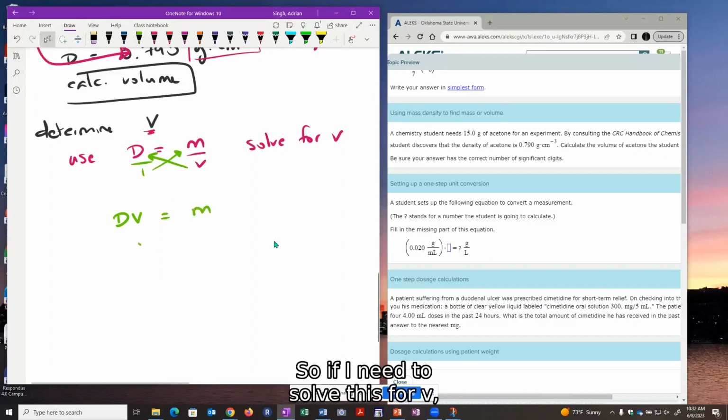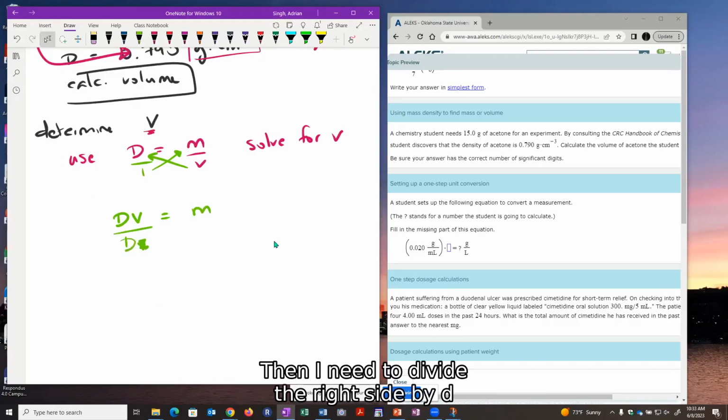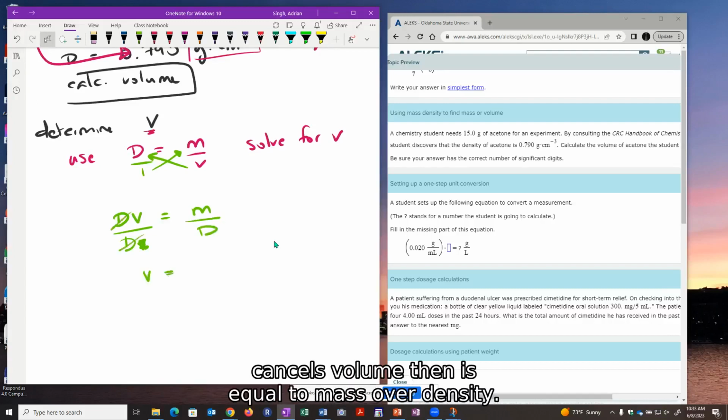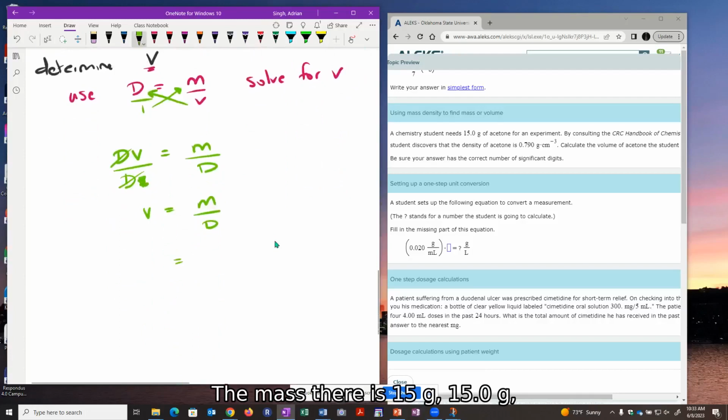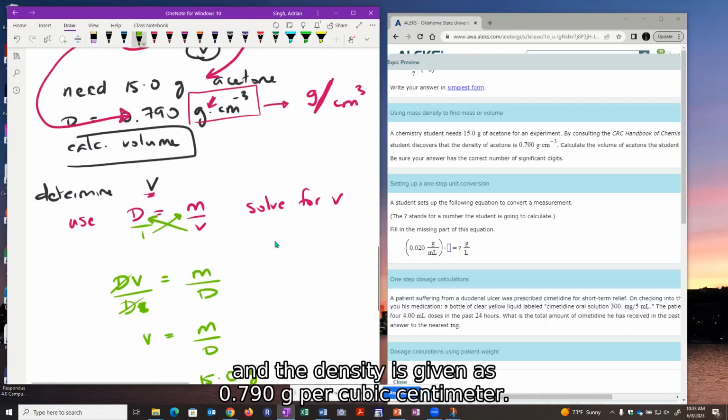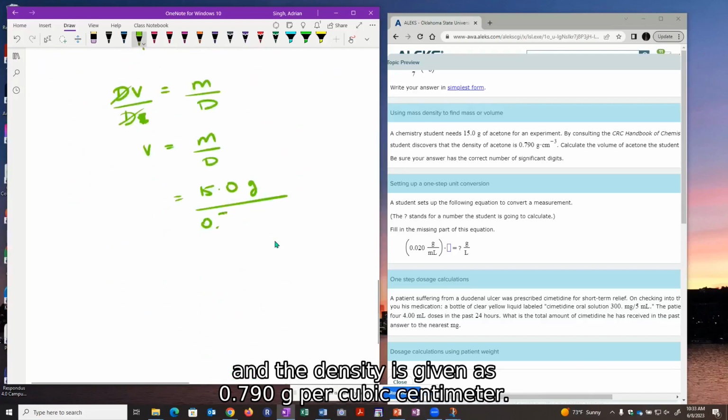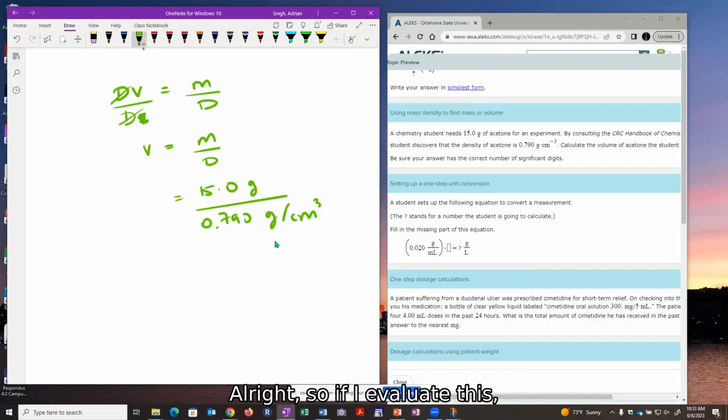To isolate V on the left side, we need to divide by D, and then divide the right side by D as well. So D cancels. Volume is equal to mass over density. I can then substitute the numbers that are given. The mass is 15.0 grams, and the density is given as 0.790 grams per cubic centimeter.